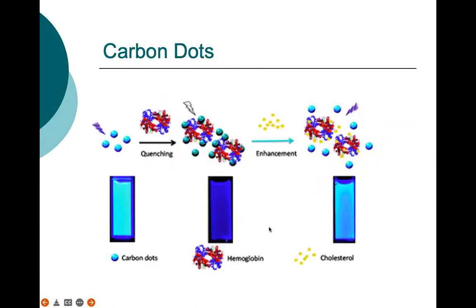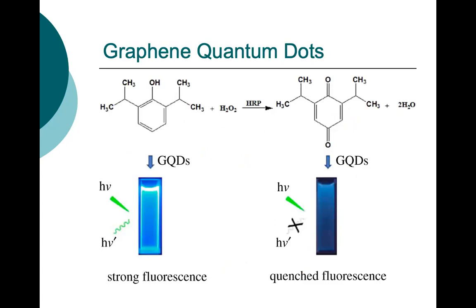Okay, so carbon dots. I have shown you the picture of carbon dots for those of you who have taken atomic spectroscopy. Carbon dots are quite similar to quantum dots in terms of color change in the fluorescent region, just like the pictures that I showed in the earlier slide. And there are also what we call graphene quantum dots, meaning that quantum dots can be prepared from graphene.